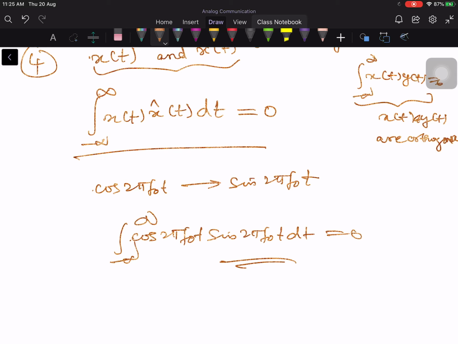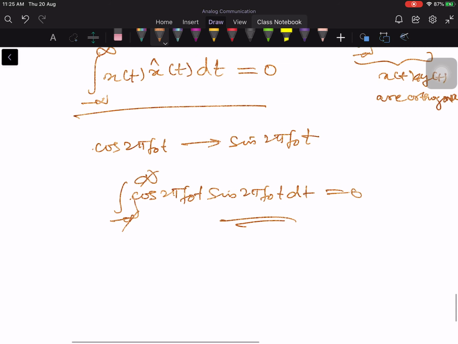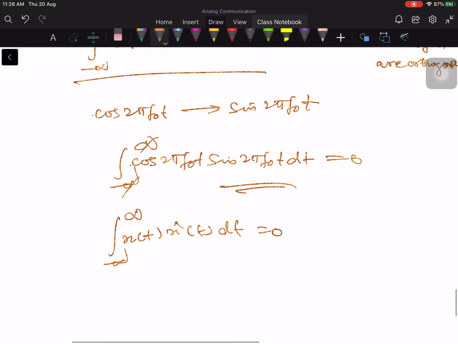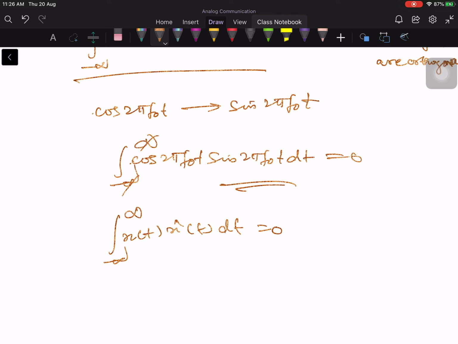Don't take minus infinity to plus infinity, you can take any integer number of cycles and you can find that it is going to be 0. So mathematically this is written as the integral of x of t and x hat of t times dt is equal to 0. Okay, of course this statement is for energy signals. For power signals there will be a slight modification of this statement mathematically.